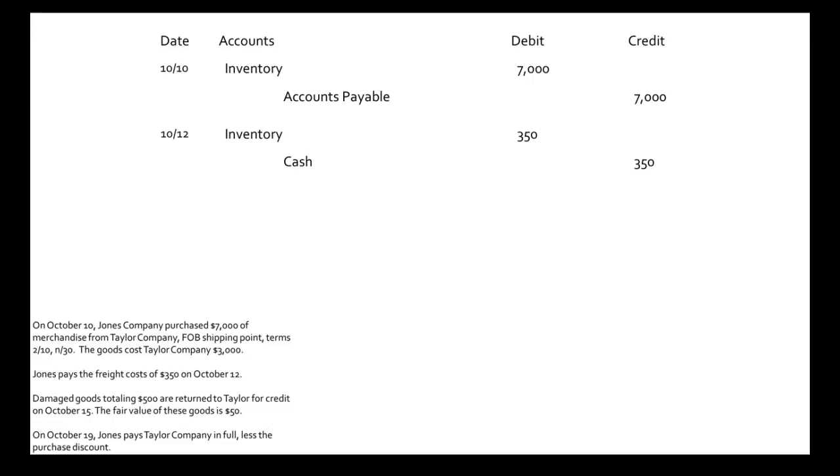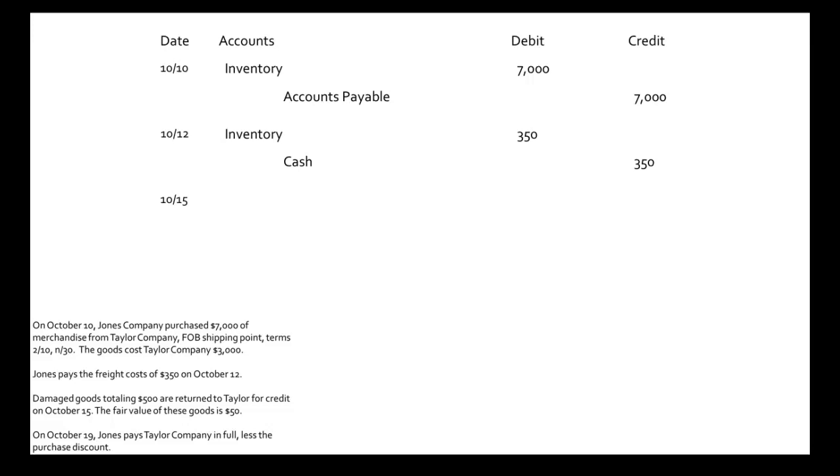Now, damaged goods totaling $500 are returned to Taylor for credit on October 15th. The fair value of these goods is $50. So Jones Company gets the inventory, and they realize that some of it is damaged. So they're returning it now to Taylor.